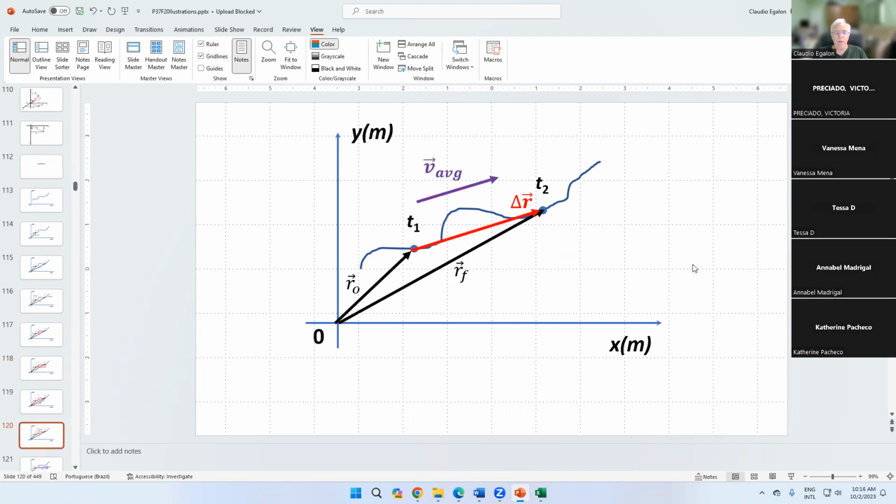Likewise, the average velocity vector is going to have x and y components as well. Let me take this one out. I'm going to need the grid lines for now.